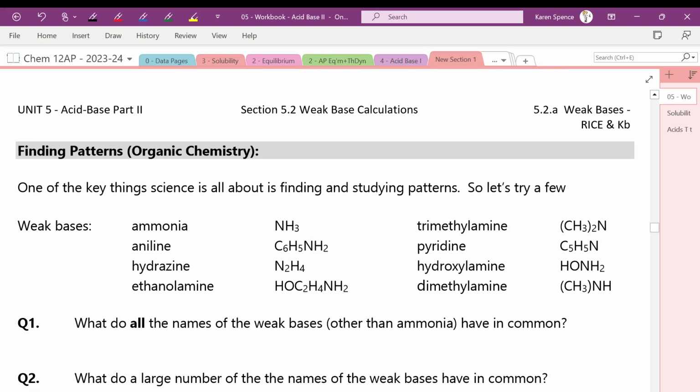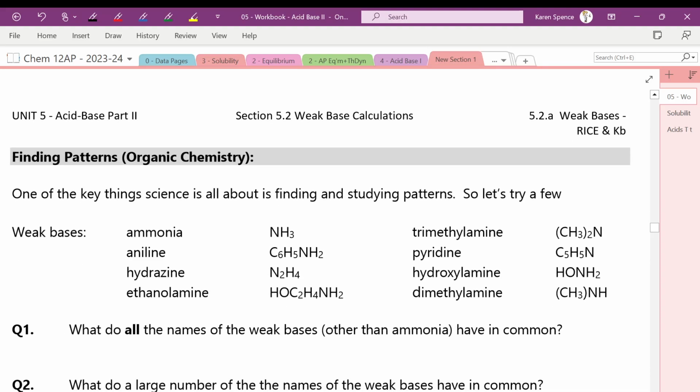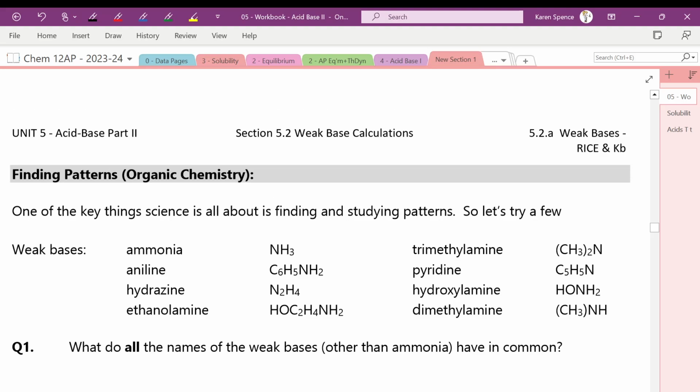Now, we're going to talk organic chemistry for a moment, because at some point in your career, you will be looking at organic chemistry.